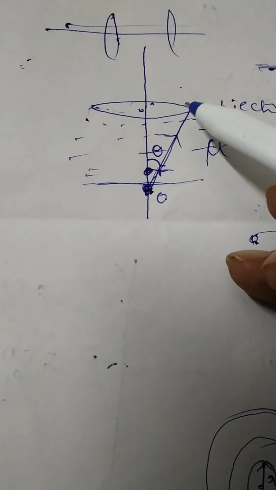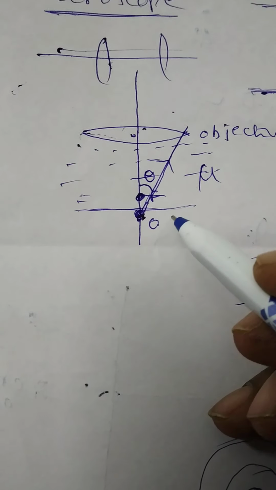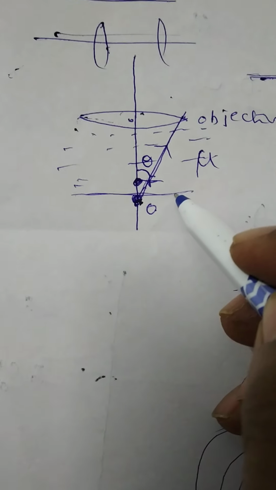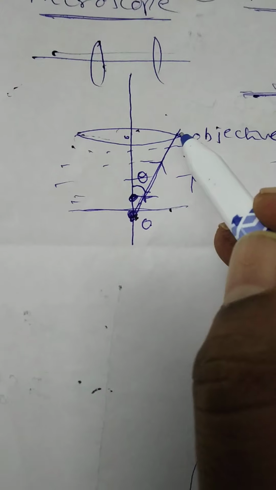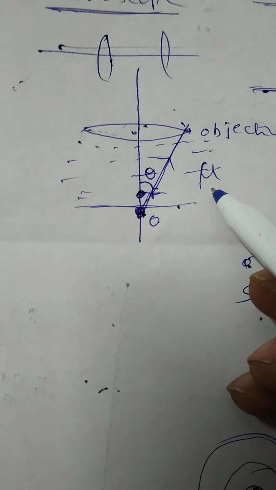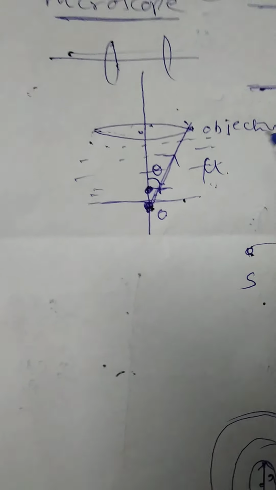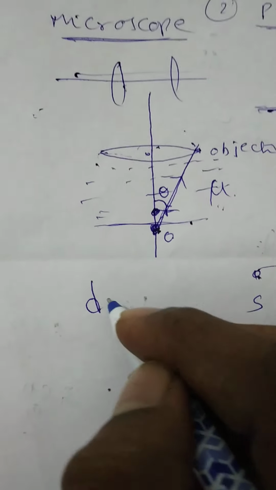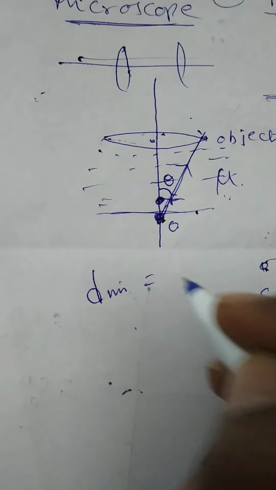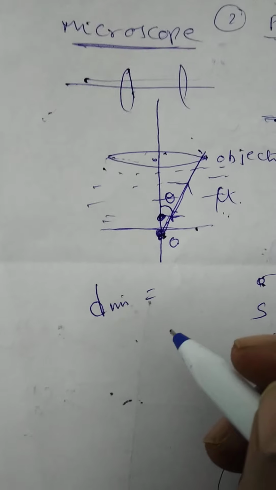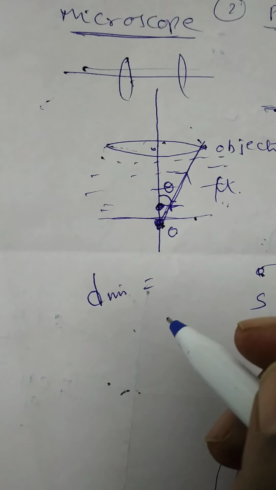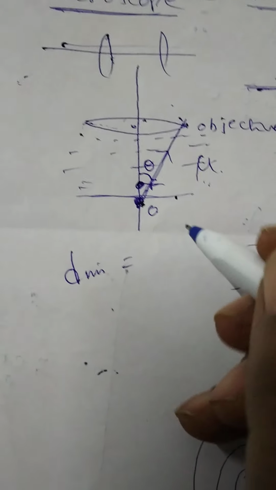In some cases, between the objective and the object, oil is immersed, and the refractive index of the oil is mu. Now in this case, d minimum is the smallest distance between two point objects at which they can be just resolved.